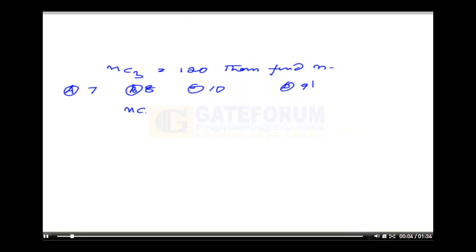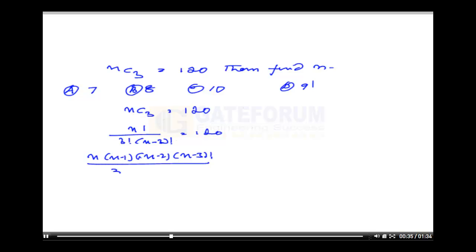Where nC3 is given as 120, again we have to find the value of n. So we know nC3 is n factorial by 3 factorial into n minus 3 factorial equivalent to 120. Now again, n, n minus 1, n minus 2, n minus 3 factorial by 3 factorial into n minus 3 factorial equivalent to 120.